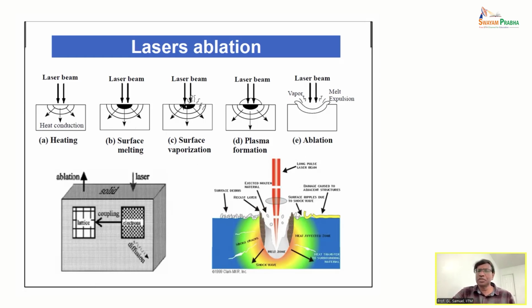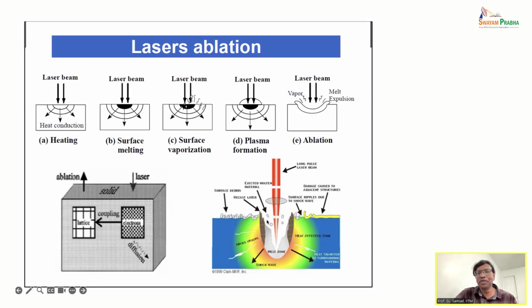But actually when we look at the short pulse lasers or continuous lasers, we'll see that there'll be an area which has been affected by heat. So when the shock wave travels, we have a melt pool zone, and then the high heat affected area, and then the lower heat affected zone.